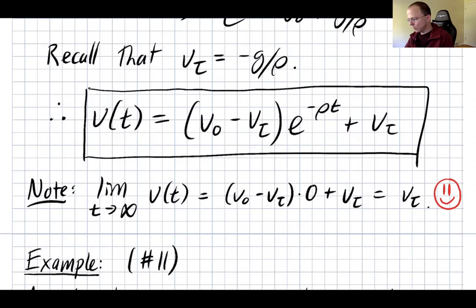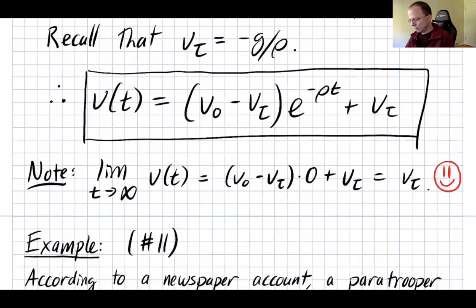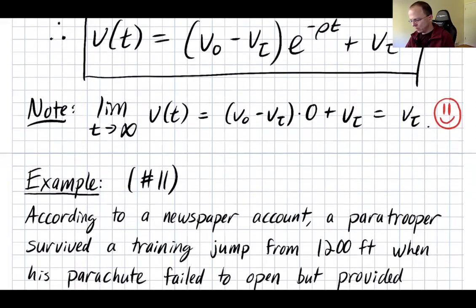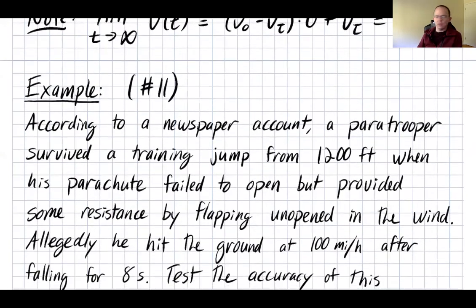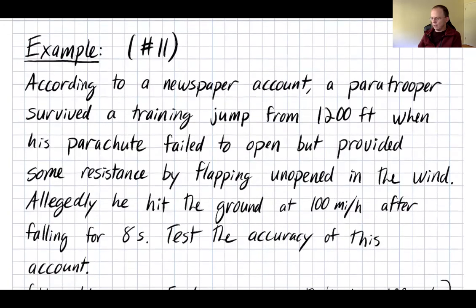All right, so let's look at an example where we use these ideas to look at an interesting account from a newspaper of a paratrooper who survived a training jump from 1,200 feet when his parachute failed to open, but it did provide some resistance by flapping unopened in the wind.